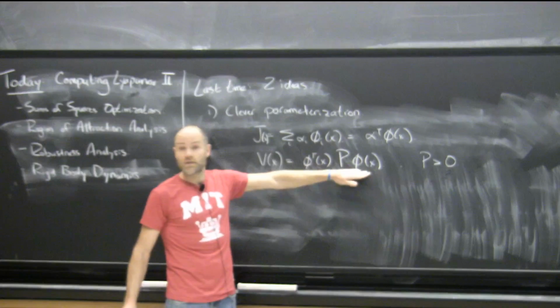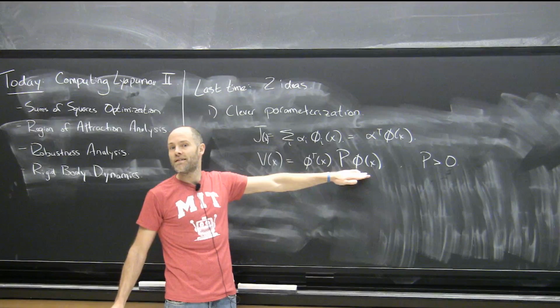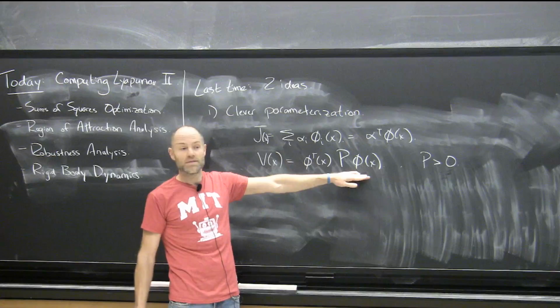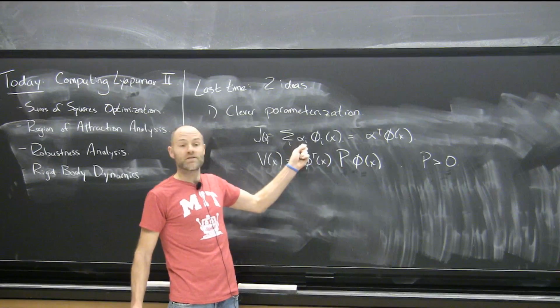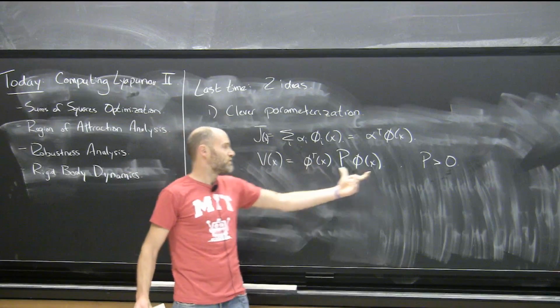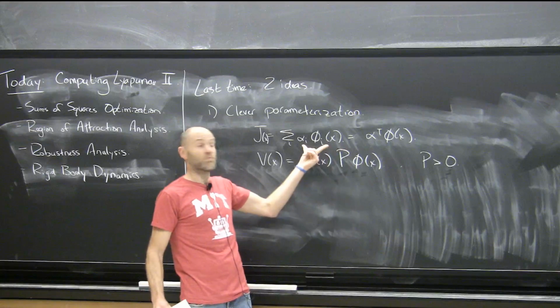Is this a linear function approximator? It's a quadratic form, but it's still linear in the parameters, P or alpha. I could take the trace or I could rewrite this in this form perfectly.